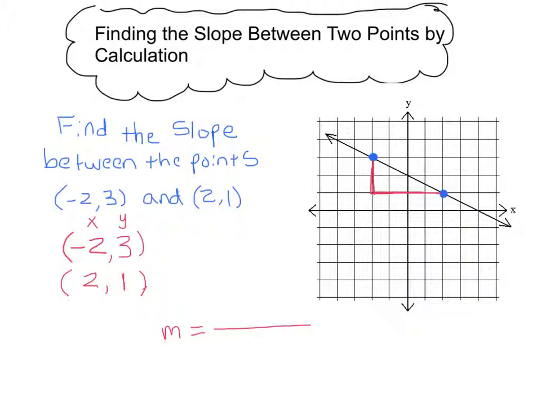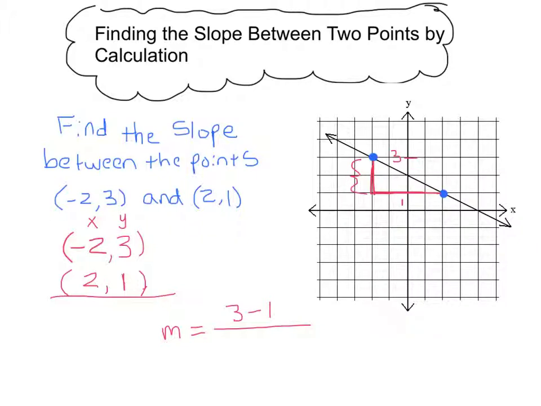But remembering that slope is change in y divided by change in x, we can do the subtraction 3 minus 1 rather, which is our change in our y. And notice that's really describing this distance right here.